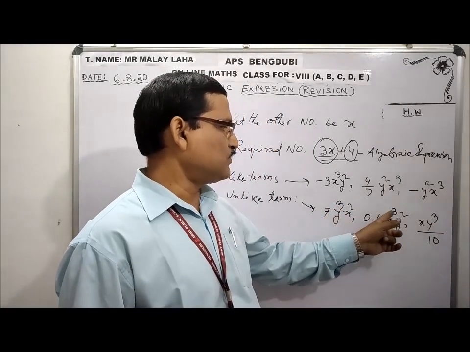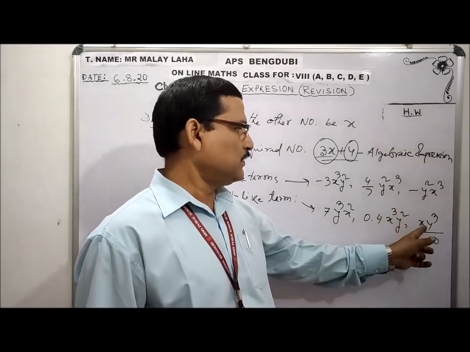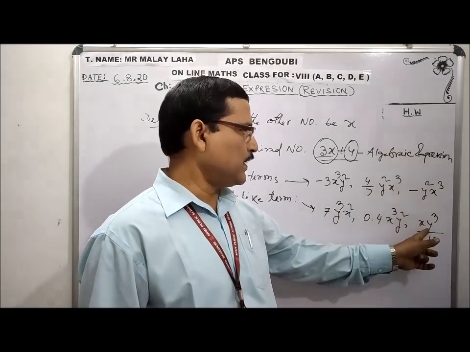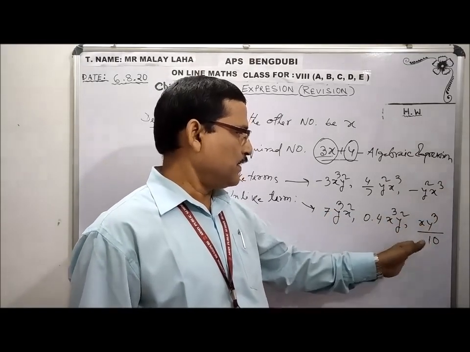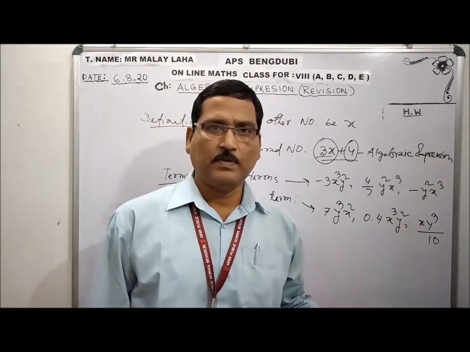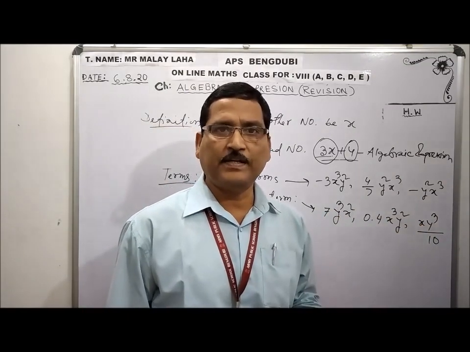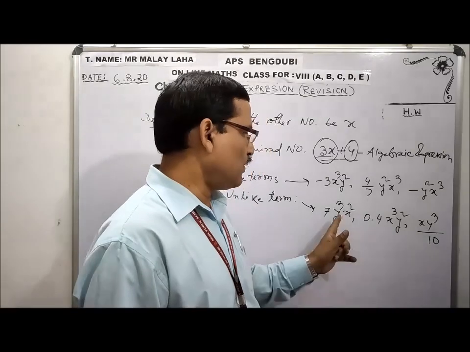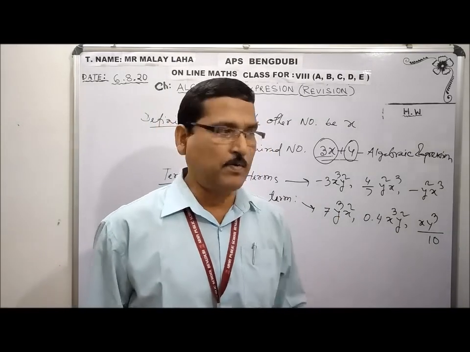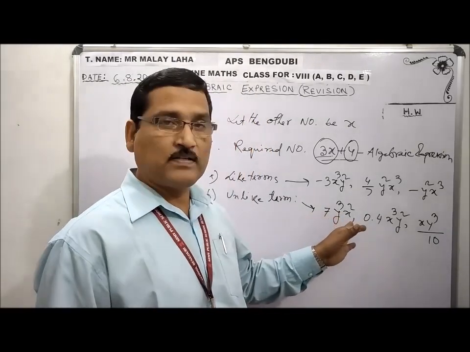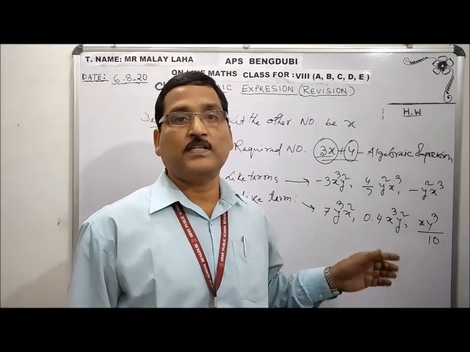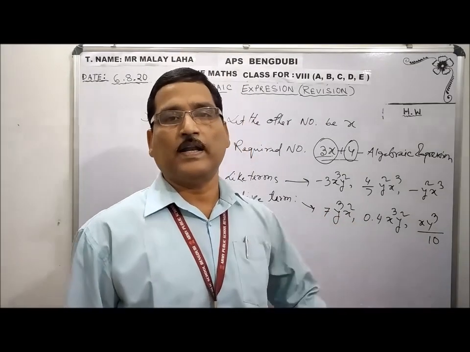Here x is raised to 3, y is raised to 2. Here x is 1, y is raised to 3. The number, whatever it is, fractional, rational, negative, positive, does not matter. Only you have to see the literal factor and power. Since the powers are not matching, these are all unlike terms.